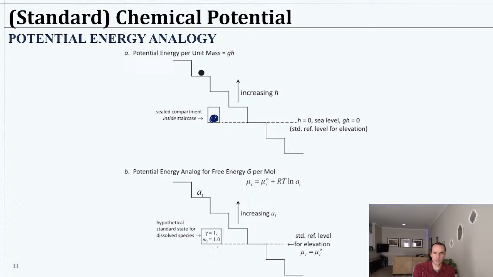It's in relation to some standard state, some maybe standard temperature and pressure. And we could go negative, right? So very similar deal here. It's a potential energy per mole, just like the potential energy per unit mass concept right here.